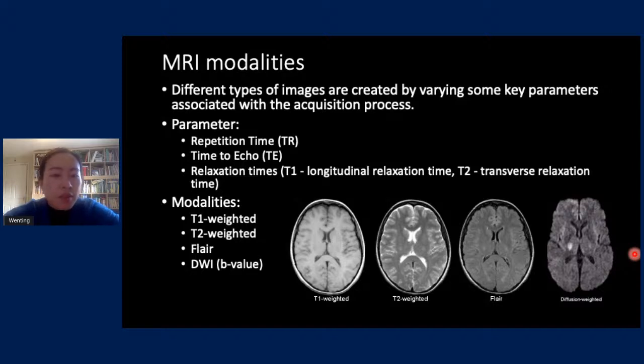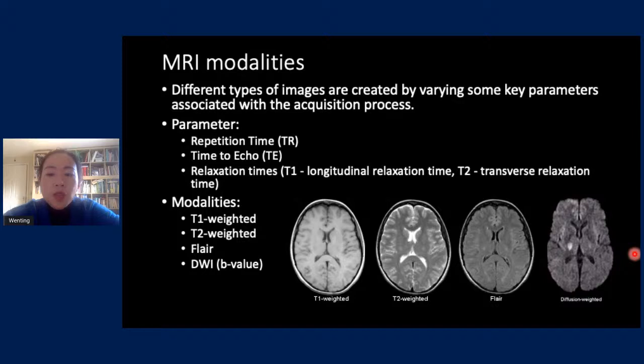Different types of images are created by varying some key parameters associated with the acquisition process. These parameters include the repetition time, TR, which is the amount of time between successive pulse sequences applied to the same slice. Then we have the time to echo, TE, which is the time between the delivery of the radio frequency pulse and the receipt of the echo signal.